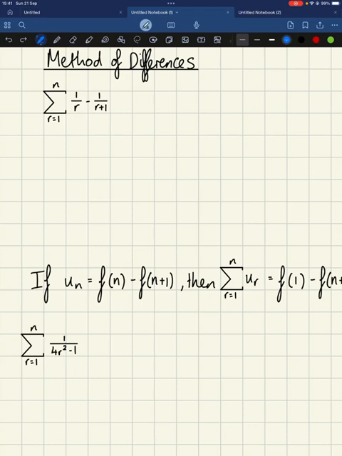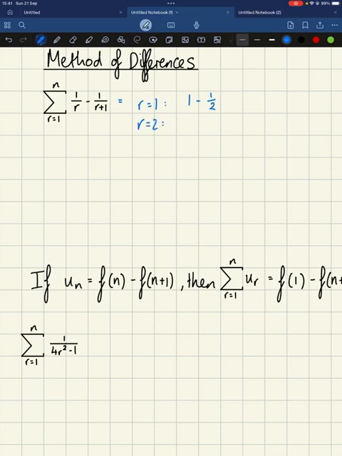So let's put r equals 1. We should know how a sum works by now, so first we plug in r equals 1 and we get 1 over 1 minus 1 over 1 plus 1, which is a half. So 1 minus a half.